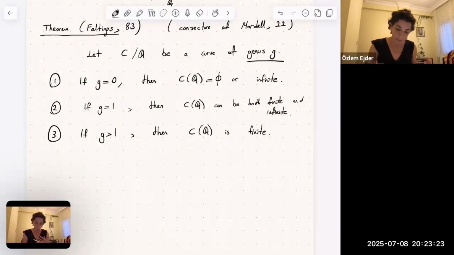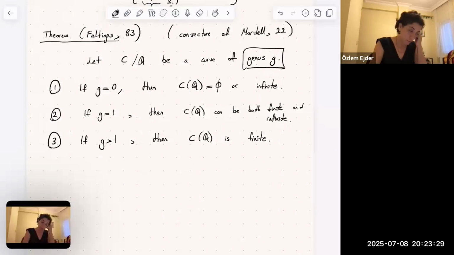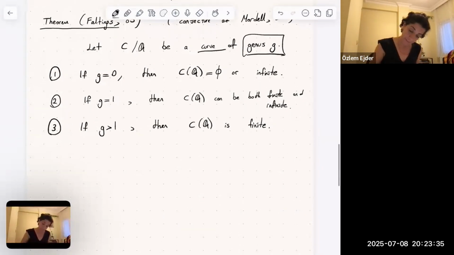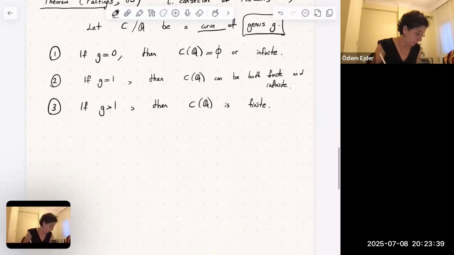Okay, so now what is this genus? This genus is an invariant of the curve. Maybe there are two ways of going about this. So let me do the following. You don't have to know the words that I'm going to say now.